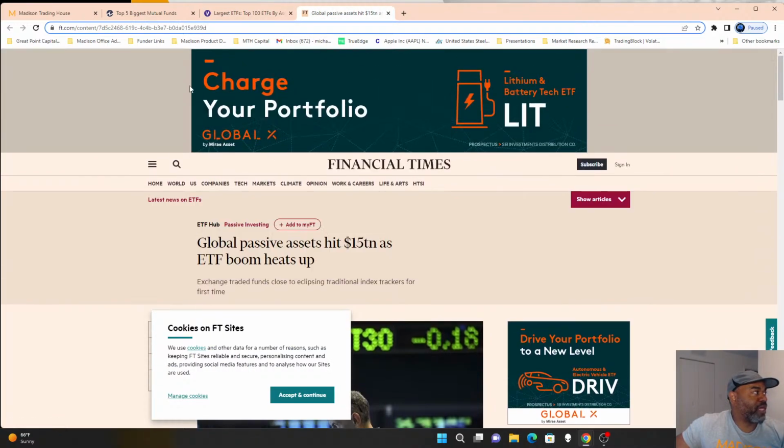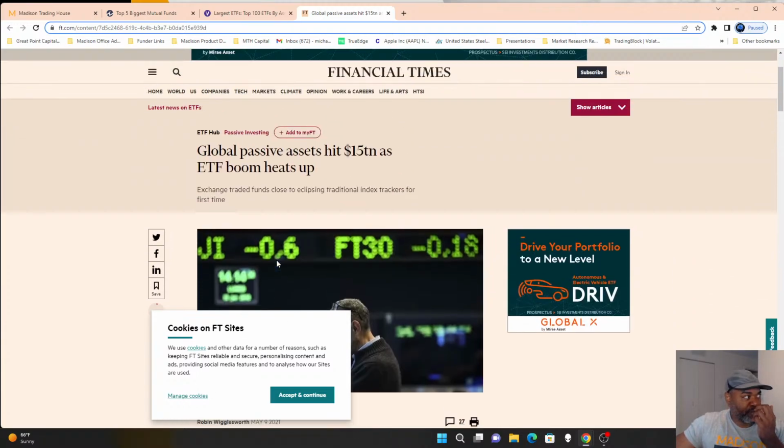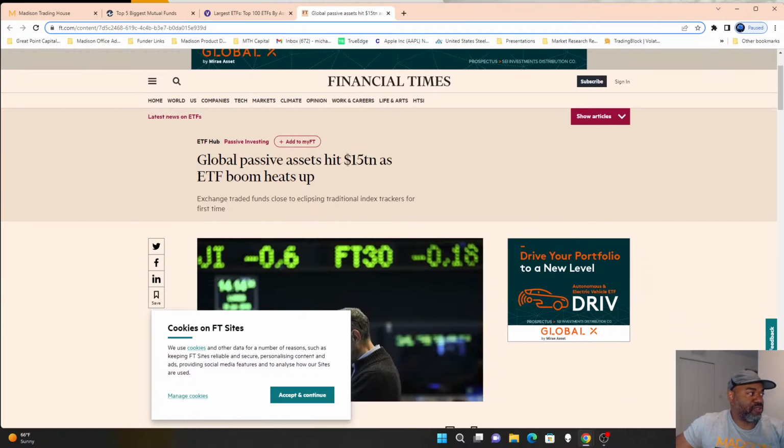Now we look here at the global assets in the passive. This is looking at global passive assets hitting 15 trillion as the ETF boom picks up. What they're saying basically is that more money is pouring into ETFs, and therefore more ETFs are being created to accommodate that money. So as portfolio managers look for more ways to diversify their investments or get exposure to more unique sectors or technologies or whatever, they may pour their money into particular types of ETFs.